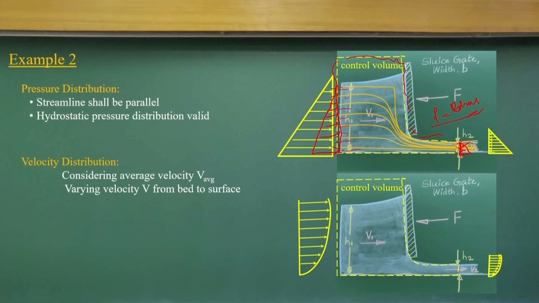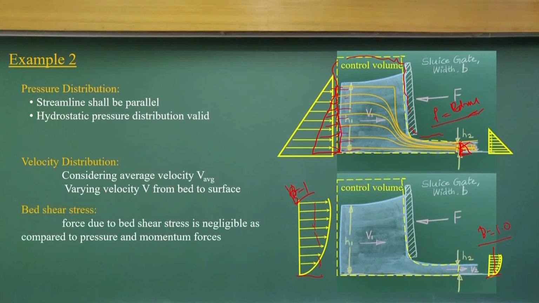We do not consider the velocity distribution, or we consider beta equal to 1, the uniform velocity, but these are assumptions which are not valid in real life problems. The velocity distribution will come like this. So, you have a uniform velocity assumption and make beta equal to 1. So, this average velocity is used.